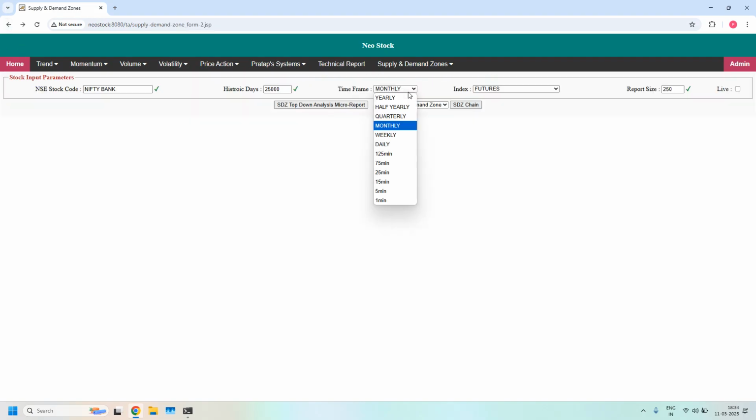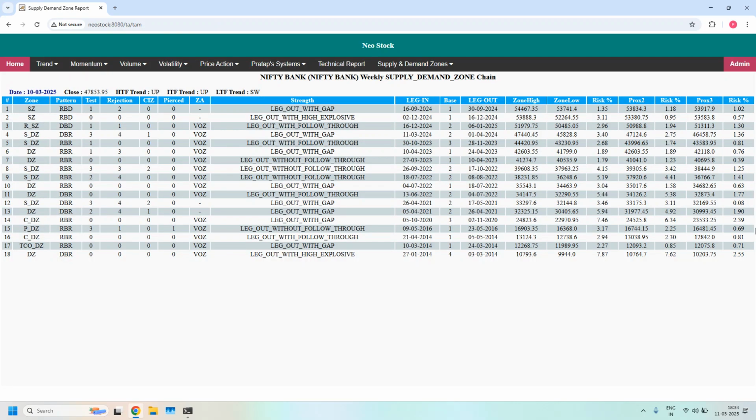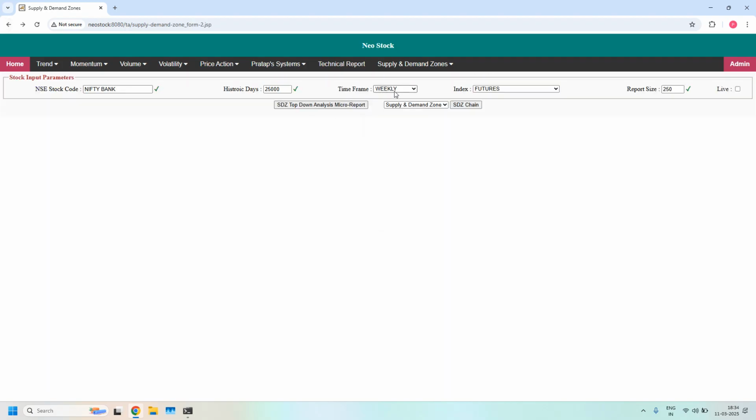Next, weekly supply demand zone chain for Bank Nifty. Next, daily supply demand zone chain for Bank Nifty.